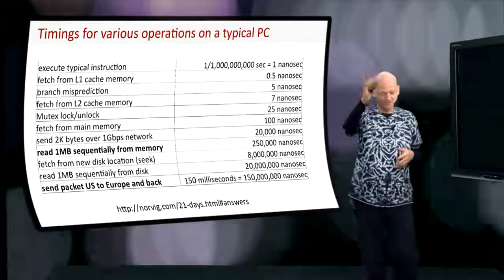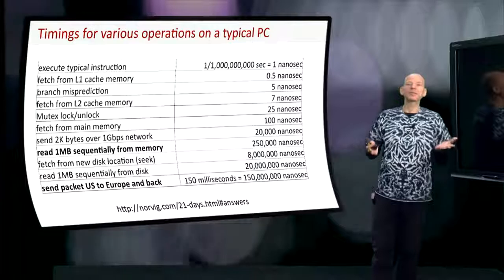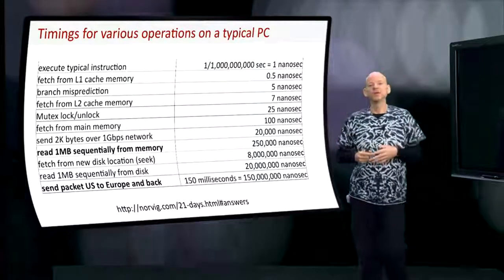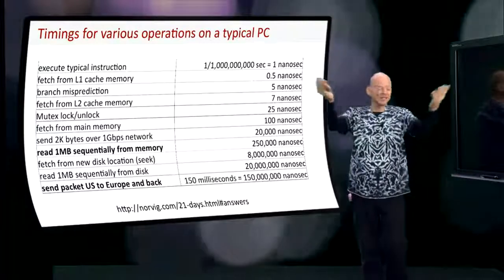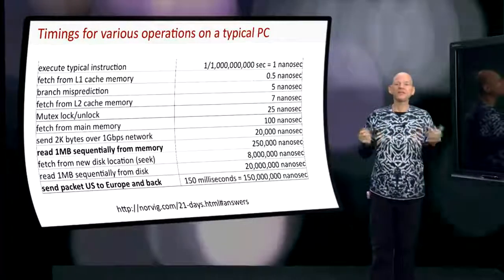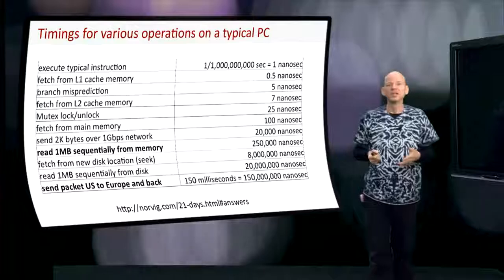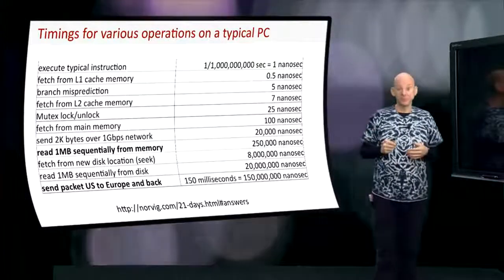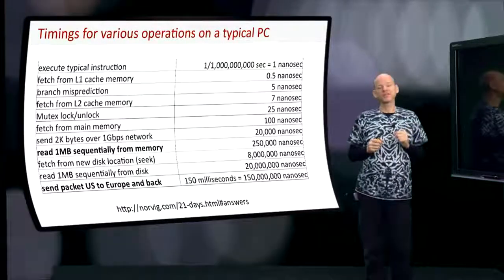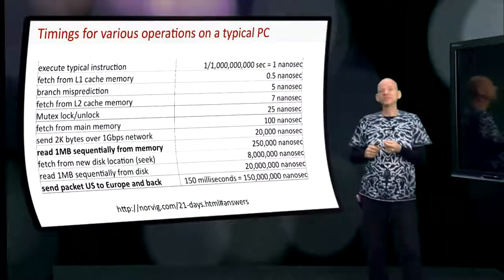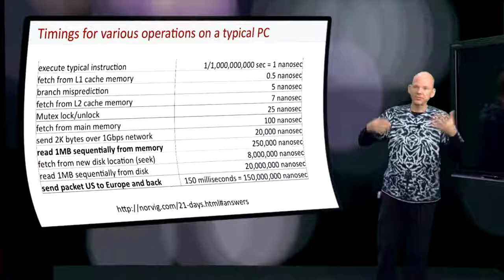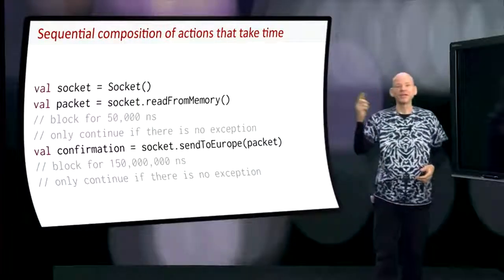And notice that a lot of these times are limited by the speed of light, so we cannot do much about them. Now, I don't know about you, but for me, I have no clue what 150 milliseconds means or what 1 nanosecond means. So let's take these numbers, take 1 nanosecond and turn that into a second, and then calculate weeks, months, and years from that.